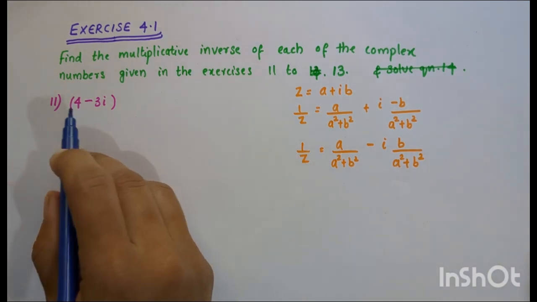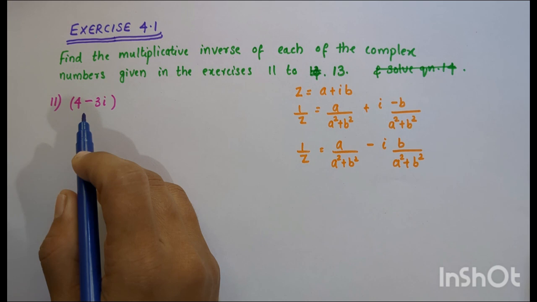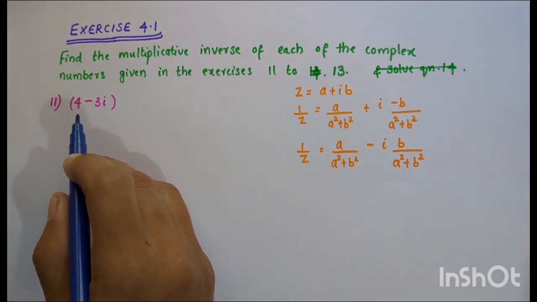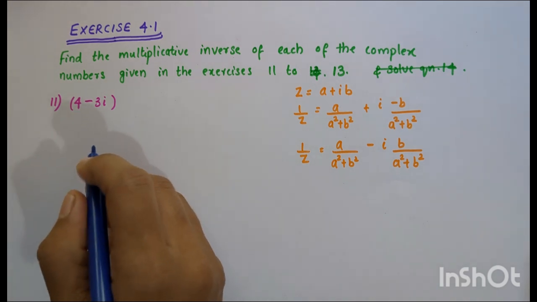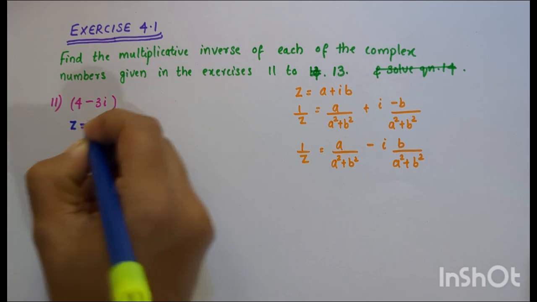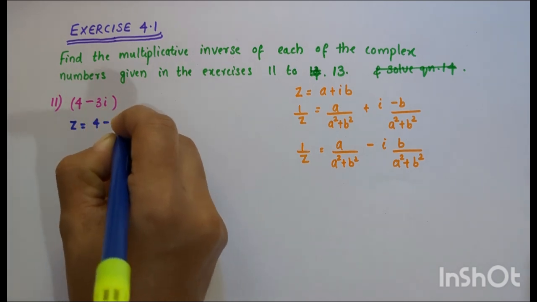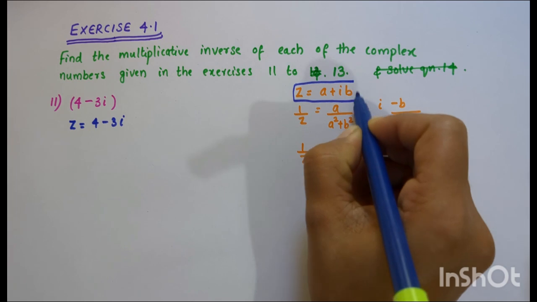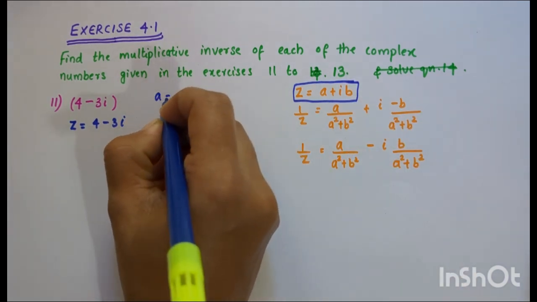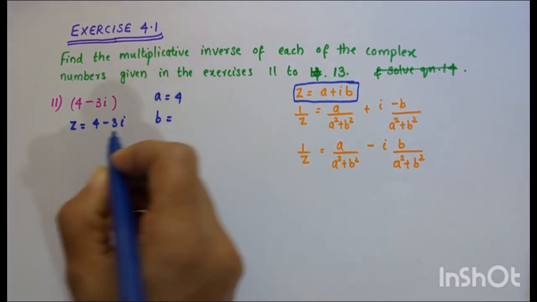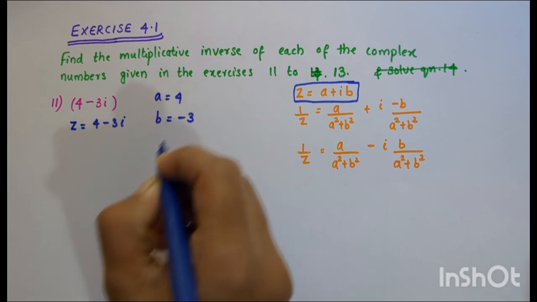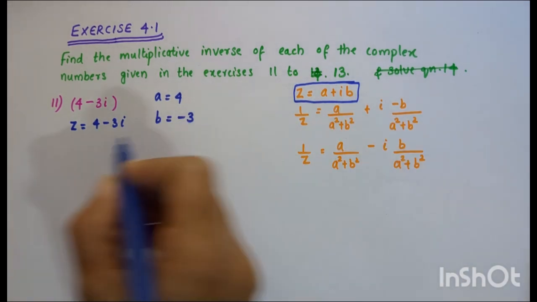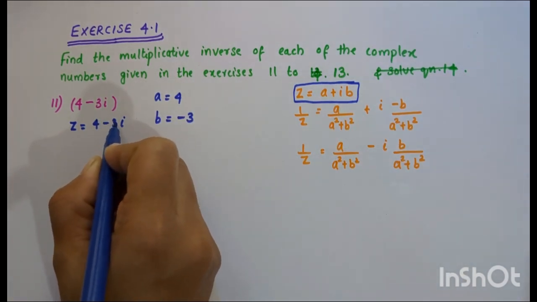So first, question number 11, we want to write the multiplicative inverse of 4 minus 3i. Here the complex number z is equal to 4 minus 3i. When you compare this with z is equal to a plus ib, a is equal to 4 and b is equal to minus 3. So this is like plus minus 3 into i.